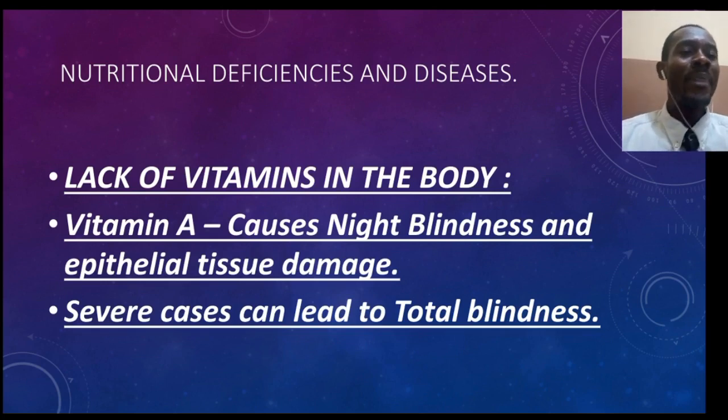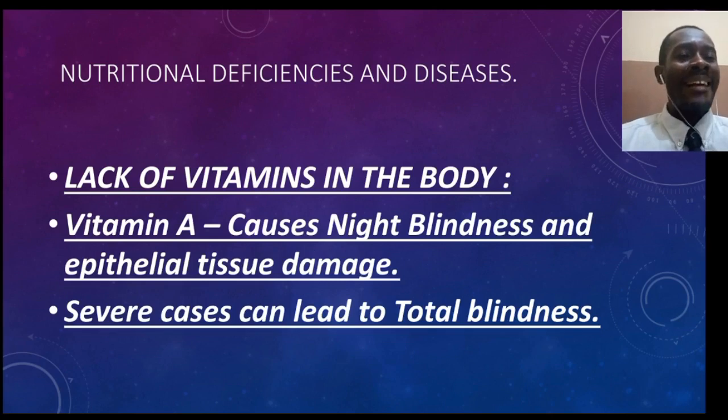Also in the nasal passage. Now, not only does it affect the internal epithelial tissues, it also affects that of external epithelial tissues. For instance, the cornea. The cornea is the white part of the eye, and there is a membrane that covers it, of course.